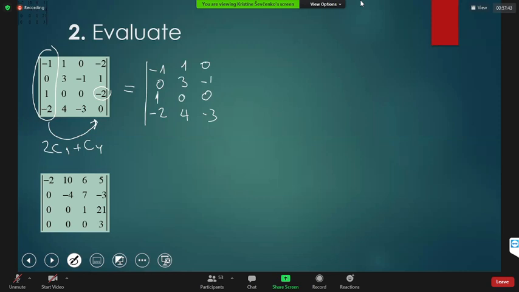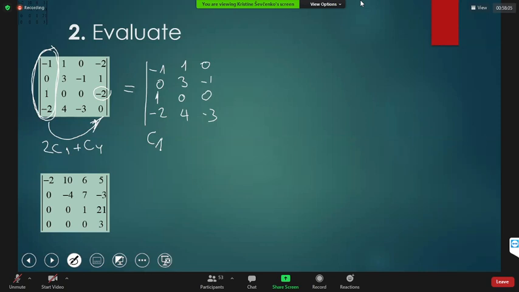But the fourth column now will be changed by taking the first column, multiplying by 2, and adding it to the fourth column. But I repeat, in its own position, the first column is still the same. I don't want to make numbers larger, and I don't want to change the value of the determinant.